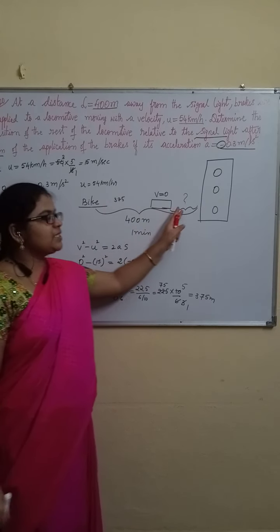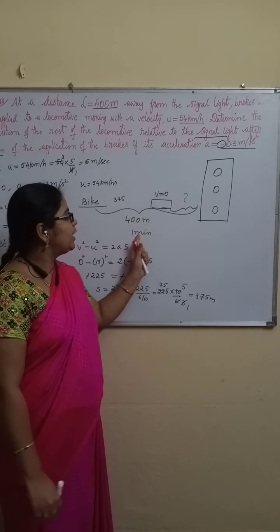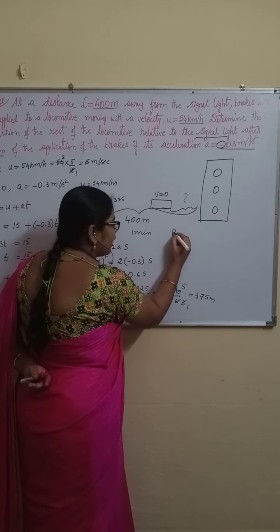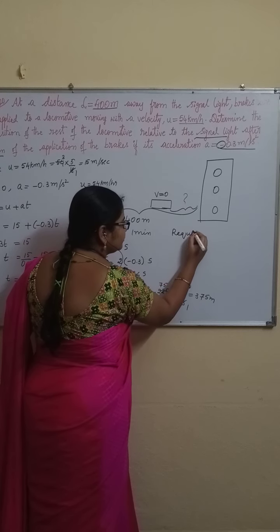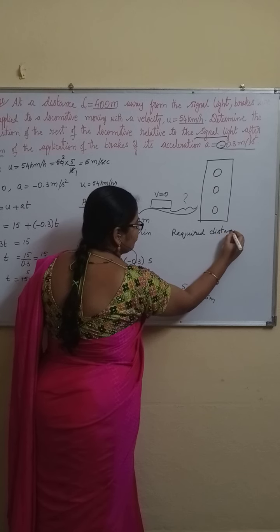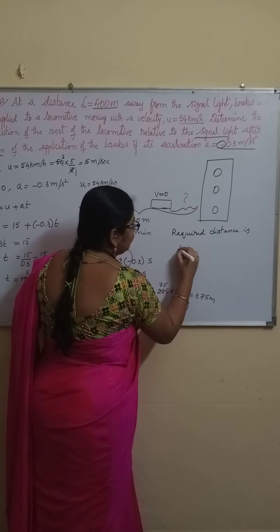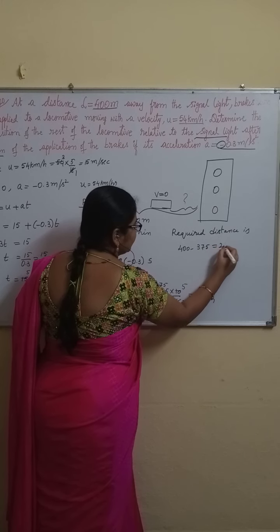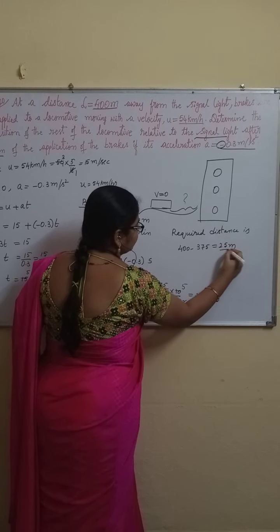Now what will be the distance from here? 400 minus 375. So now the required distance is 400 minus 375, that is 25 meters.